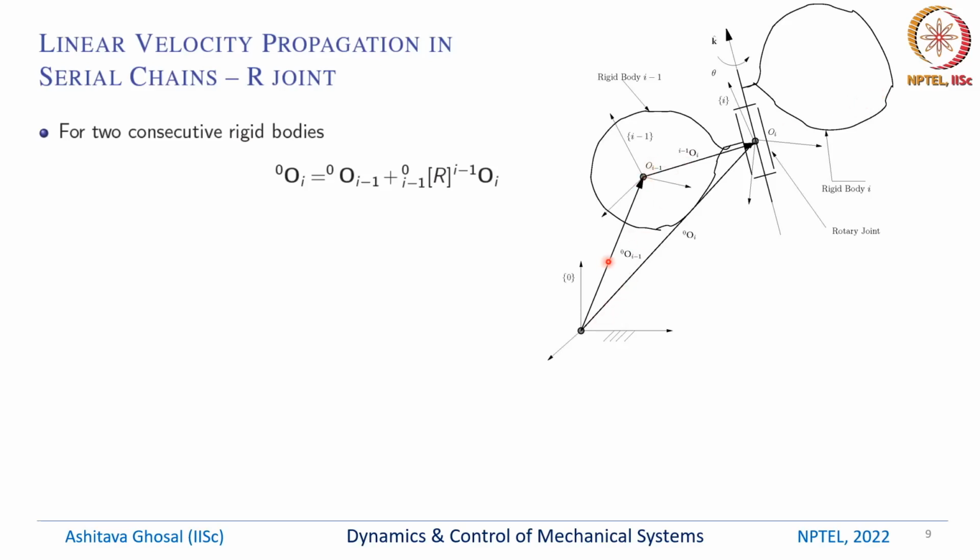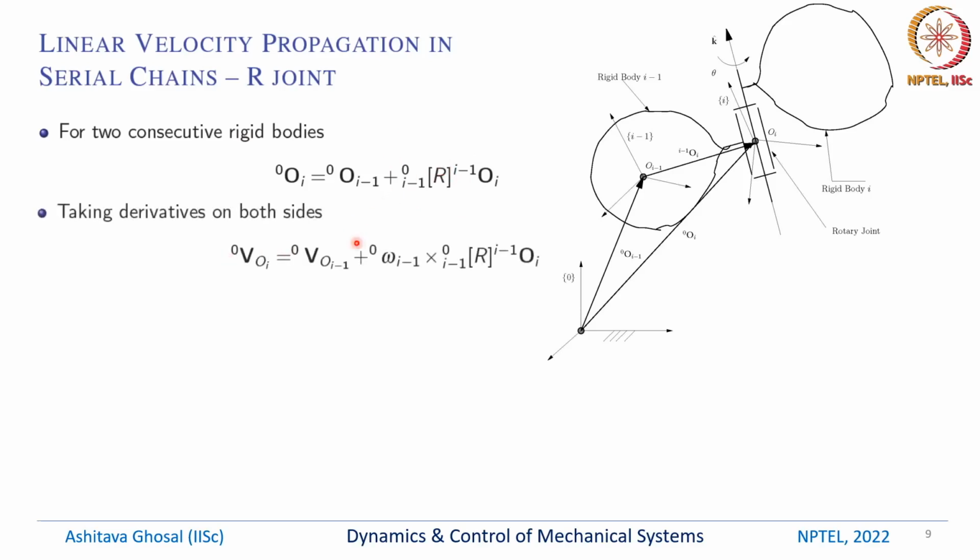So this vector is nothing but this plus this, but we cannot simply add two vectors in two different coordinate systems. This is ^{i-1}O_i, whereas this is ⁰O_i and this is ⁰O_{i-1}. So we have to pre-multiply by a rotation matrix.